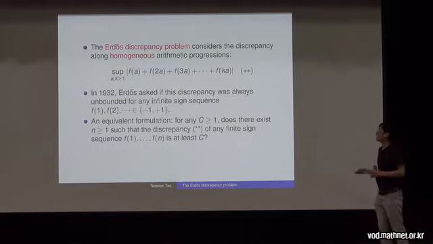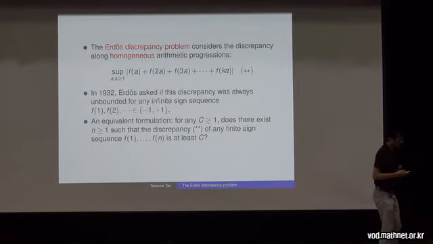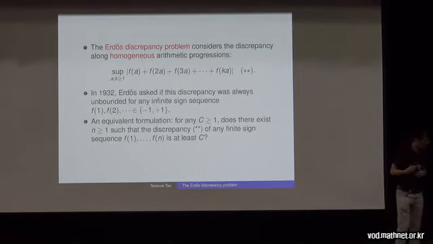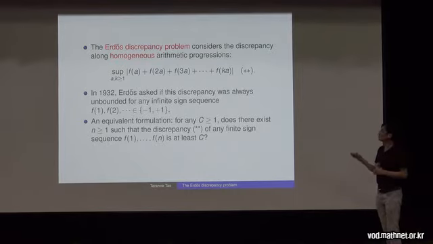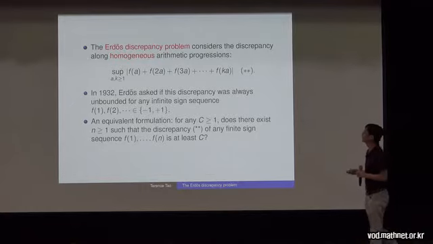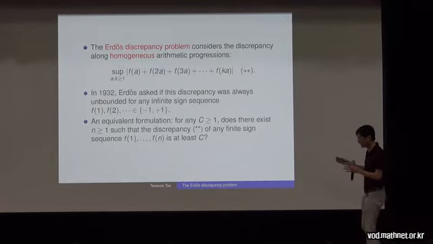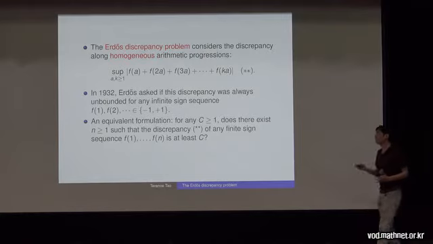So he asked what happens if you only look at homogeneous arithmetic progressions, what is the best discrepancy you can make here? I think he was motivated by questions in number theory, because sums like this do show up in analytic number theory. These sums include the partial sums, but they don't include all the arithmetic progressions. So they're sort of halfway between the two problems that I already mentioned.